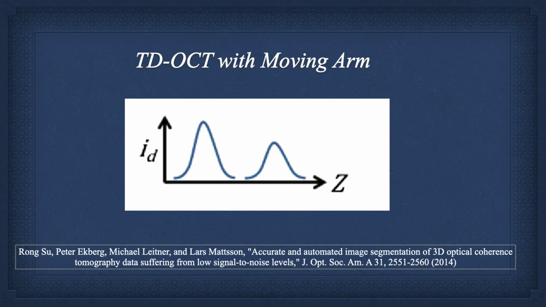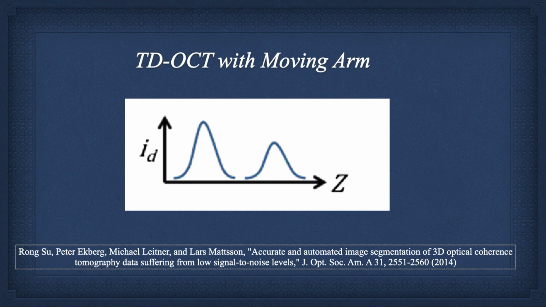We see two peaks in our sample, and those two peaks represent back reflection. This came from the internet, but I'm citing the authors. And the mirror is in different positions for peak 1 and peak 2.